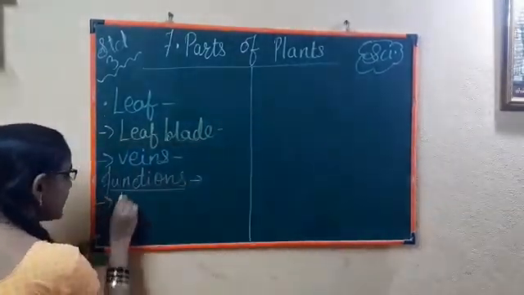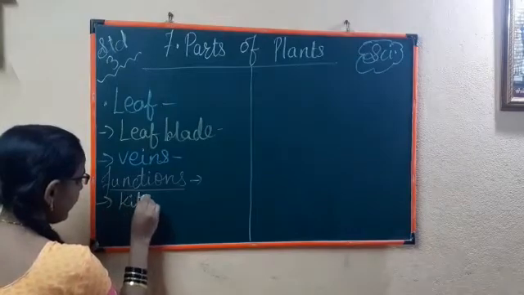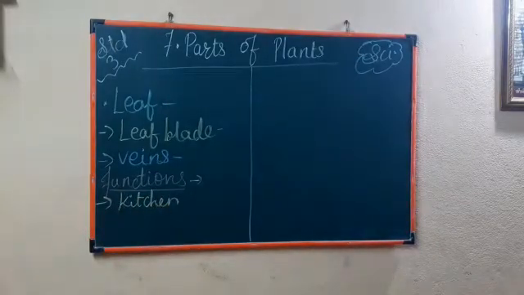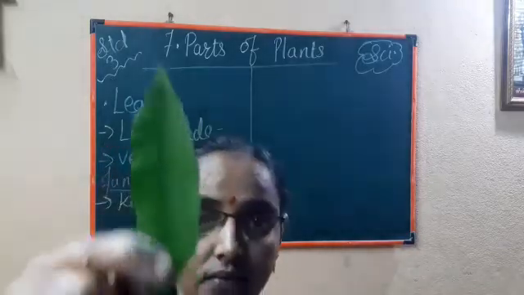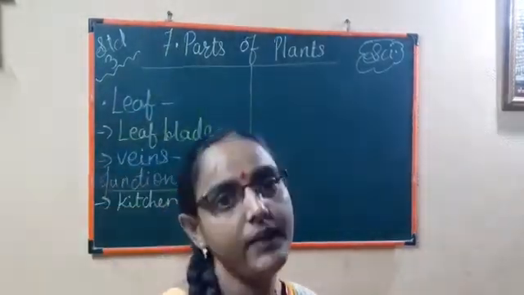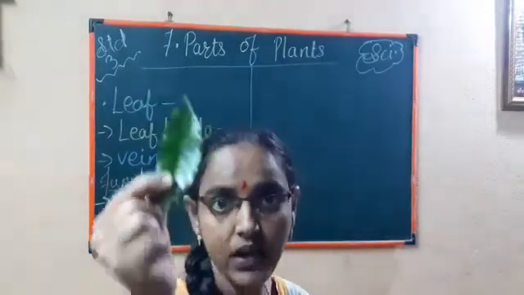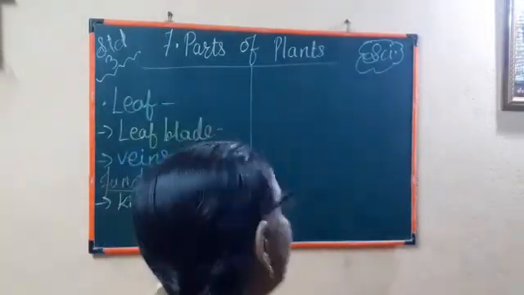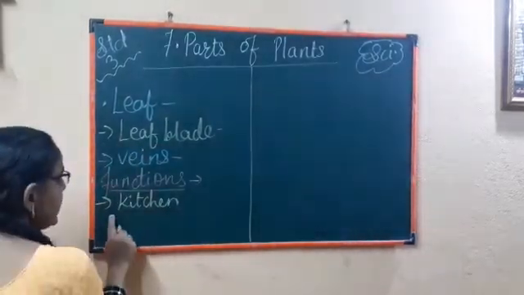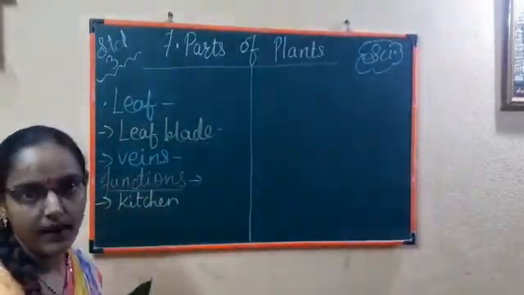Why is it called the kitchen of the plant? It is called the kitchen of the plant because this leaf makes food for the plant. Leaves are making food for the plants. That is why they are called the kitchen of the plant.